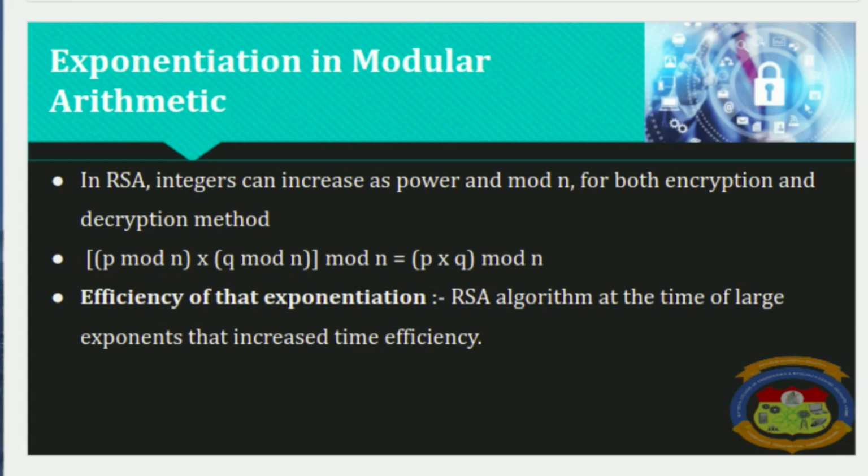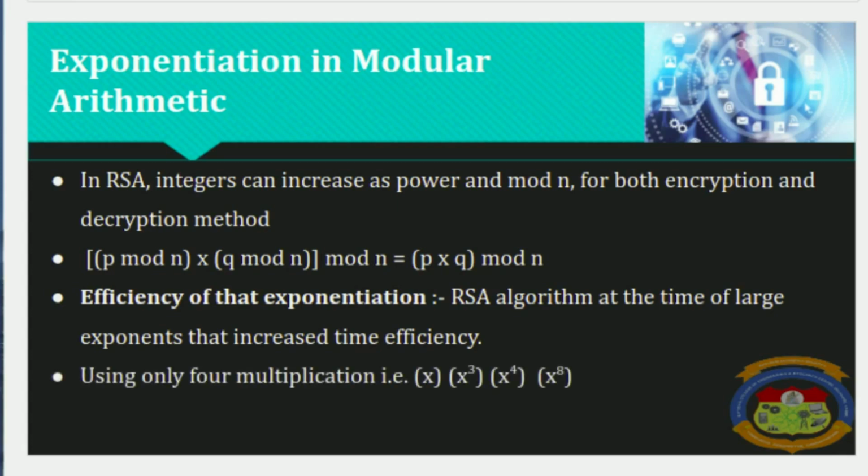But we can find the same result using only 4 multiplications, that is, x, then x to the power 3, then x to the power 4 and x to the power 8. In this method we take the square of each partial result. So this exponentiation concept is very important in the encryption and decryption process of the RSA algorithm.